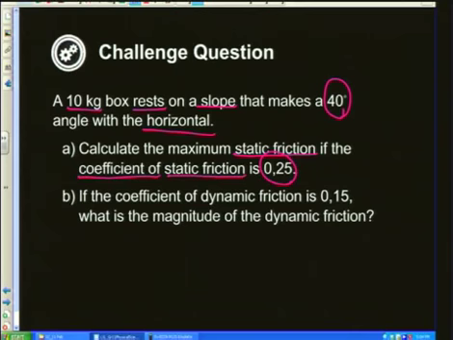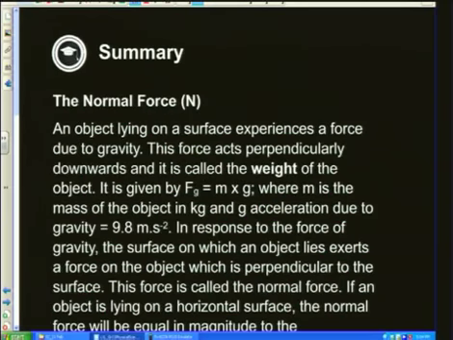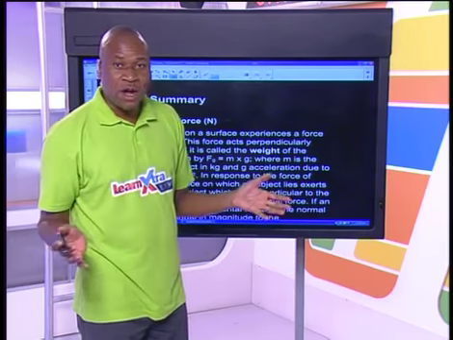And B, if the coefficient of dynamic friction, now you see we have the coefficient of static friction and then the coefficient of dynamic friction there, if that is 0.15, what is the magnitude of the dynamic friction force? All right, so that is what the challenge is about. I hope you will find it easy to work on.